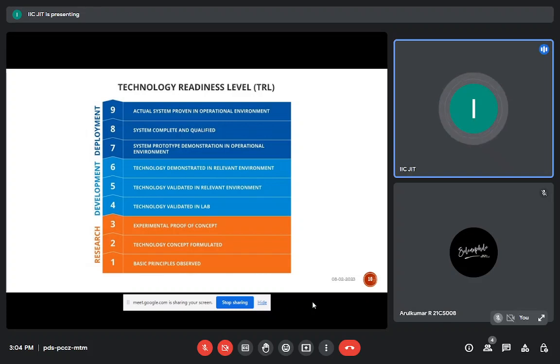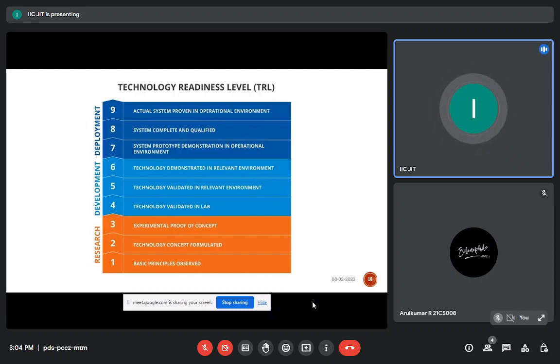Normally, universities, research labs, students, most of the work happens till here. 1, 2, 3, 4, 5, 6. This is the domain of researchers, students, colleges, research labs. Once that happens, a university and college cannot run a business.